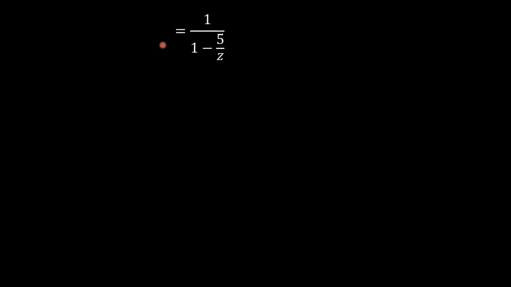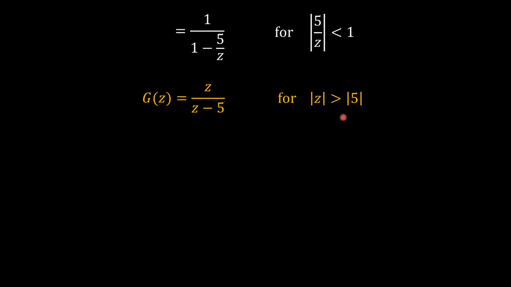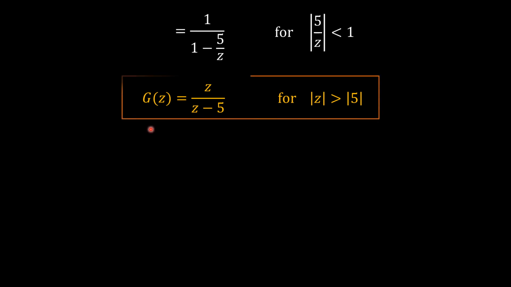Hence, infinite sum will be given by 1 upon 1 minus 5 upon z, for modulus of common ratio 5 upon z strictly less than 1. Simplify this, we will be getting g of z as z upon z minus 5 for mod z greater than 5, which is the region of convergence, and this one is Z transform of 5 raised to n.